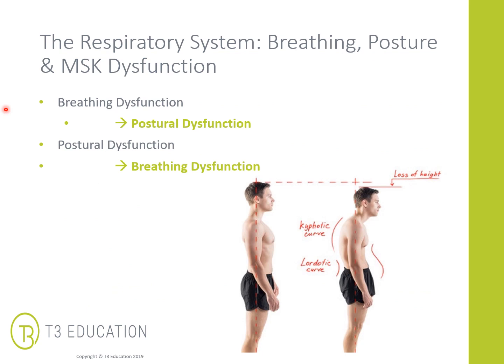So what has breathing got to do with musculoskeletal dysfunction and even posture? Breathing dysfunction can lead to postural dysfunction or musculoskeletal dysfunctions. But equally, postural dysfunctions can lead to breathing dysfunctions. So take, for example, in this first example, someone who is stressed. Breathing rate increases.